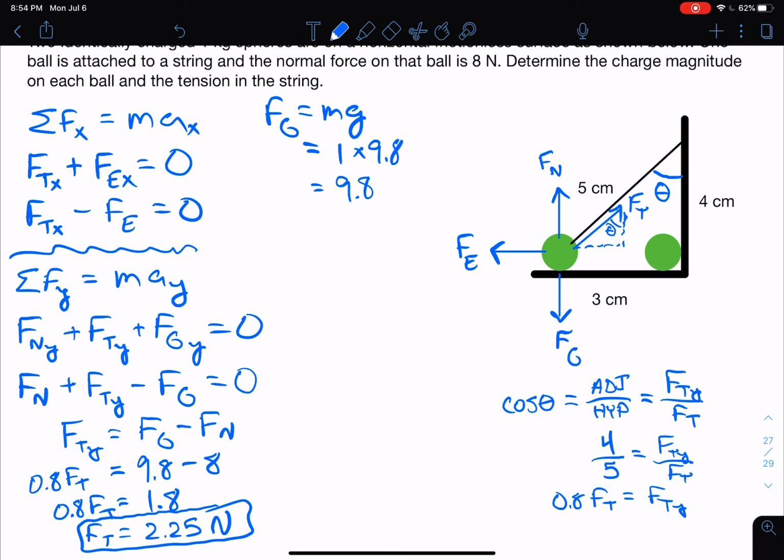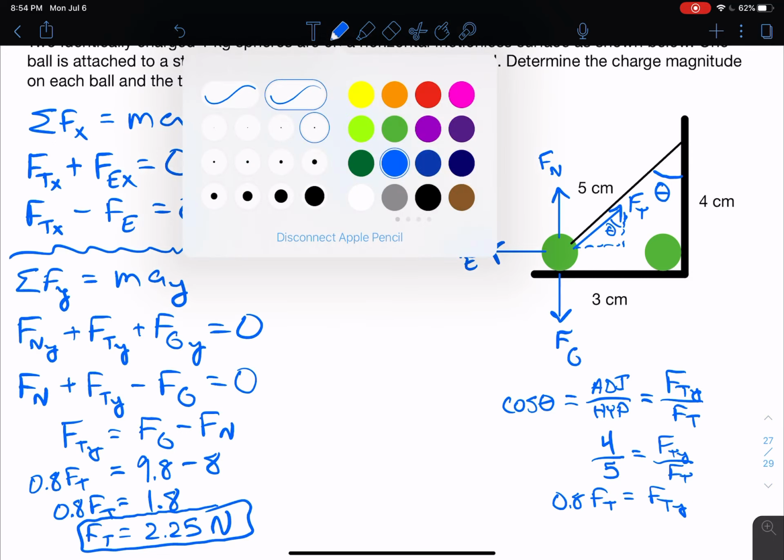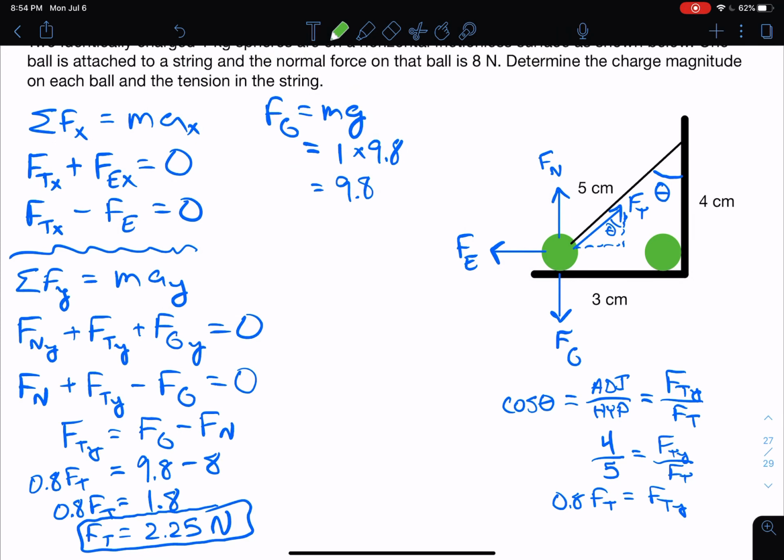Now that I know that, I can come back up here to my x equation. And I'm going to do this in a different color now. So I'm going to have FTx has to equal Fe. Okay. FTx, so for that, I'm going to use the sine function, okay?